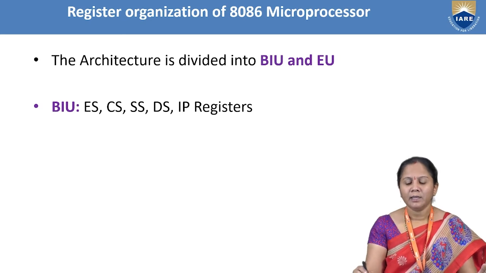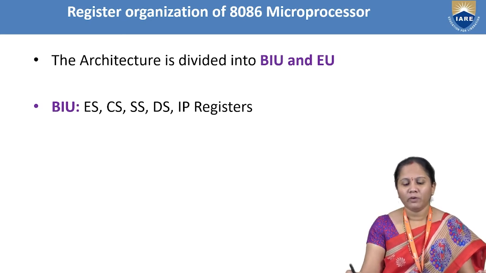Next, the architecture of the 8086 microprocessor is divided into BIU and EU. BIU stands for bus interface unit and EU represents execution unit.